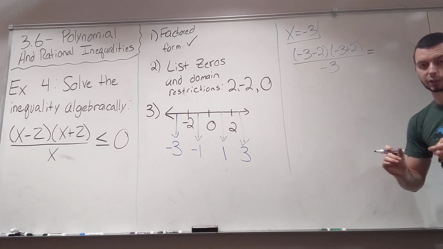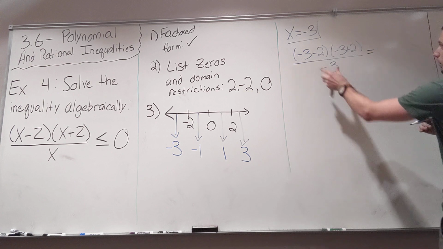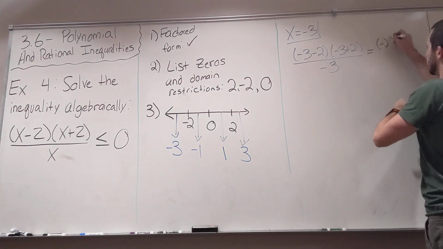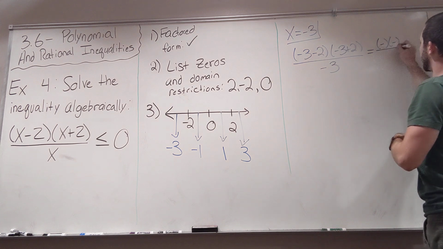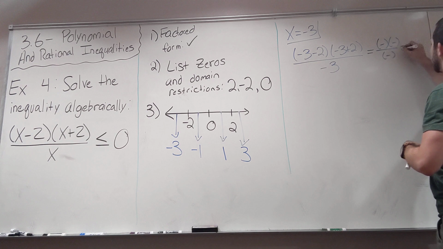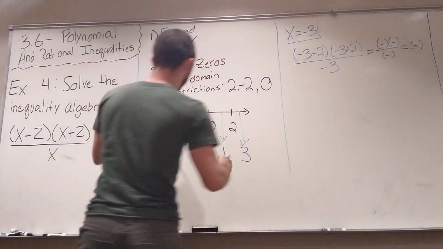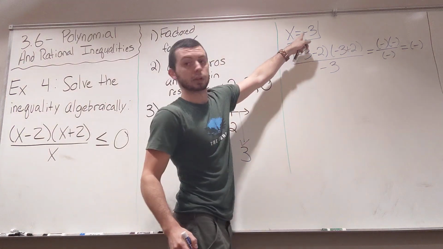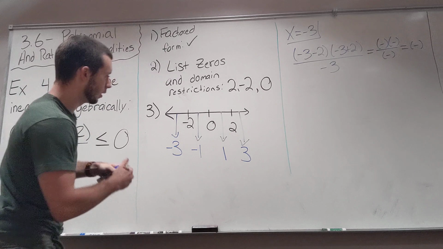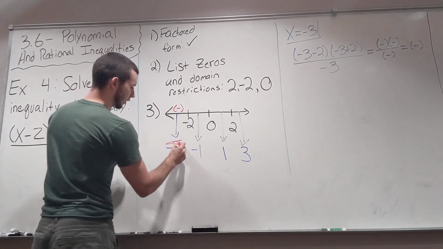Or you can compare the signs. -3 minus 2 is a negative, -3 plus 2 is a negative, divided by a negative number, that's a positive, and then we will get a negative in total. So that tells us for the segment corresponding to -3 for x, we get a negative number. So we put a negative sign here, and the test point is gone.